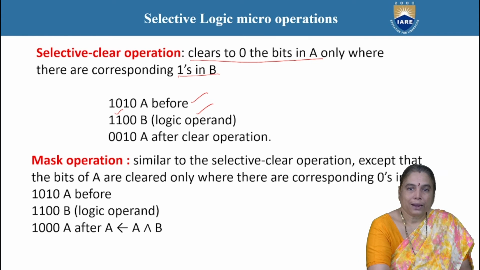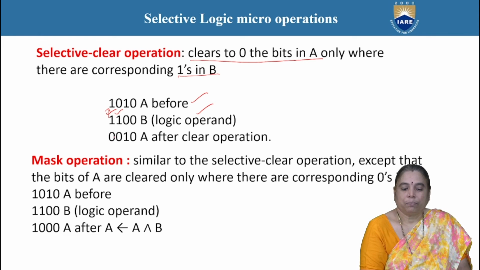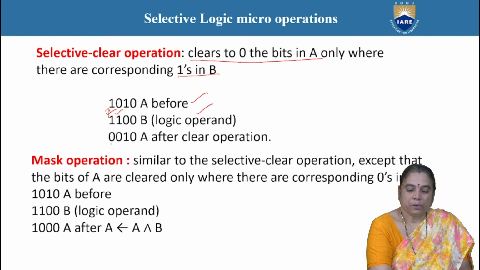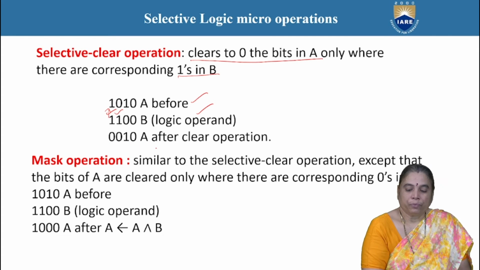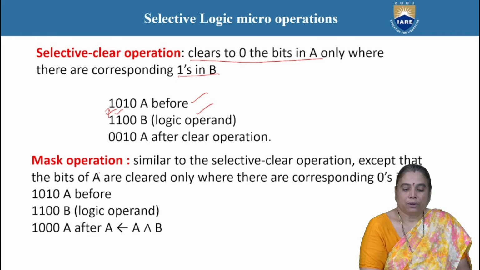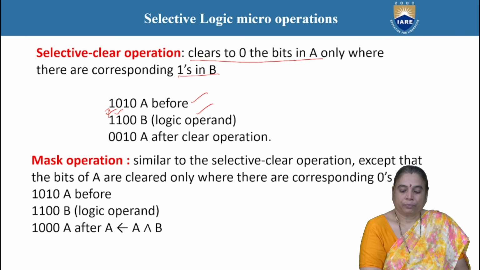And next, the second occurrence of the 1 in the B register is this position. The corresponding bit in the A register can be cleared. So here this can be 0. After applying the selective clear operation, the result can be 0010. So this is the selective clear operation.